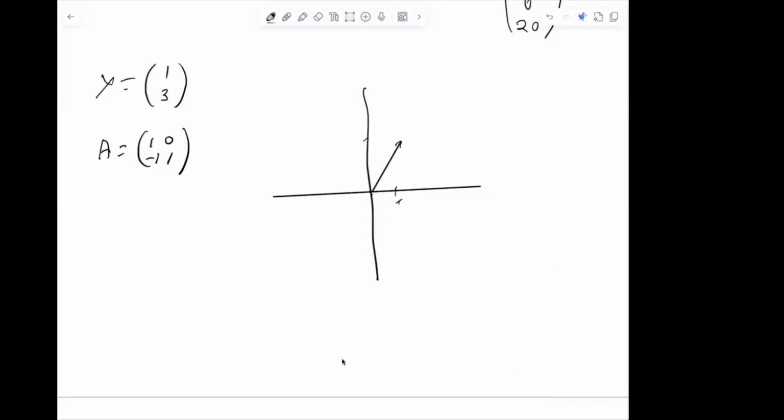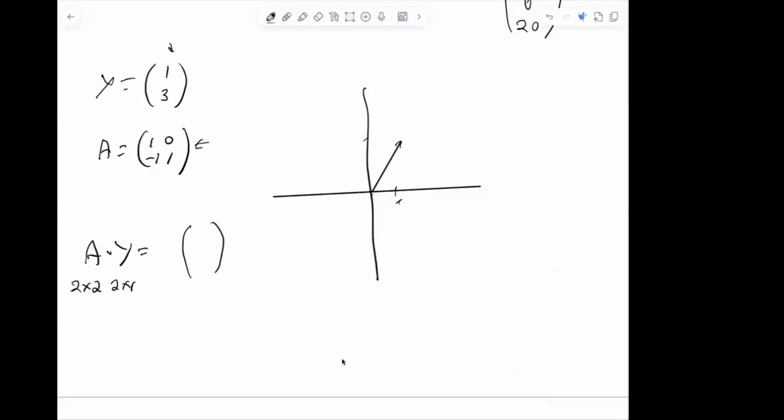Now, as we know, if we multiply A times Y, we're going to have another vector, because A is 2 times 2, and Y is 2 times 1. So we're going to have another two-dimensional vector. Actually, let's do the multiplications. So it's 1 times 1. Again, it's this row times this column.